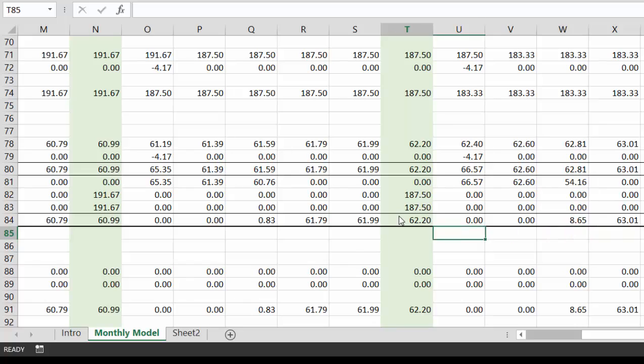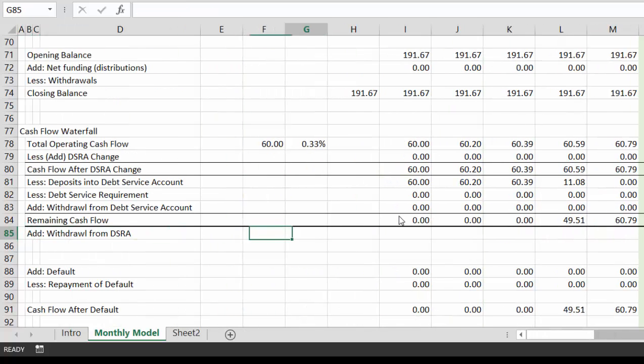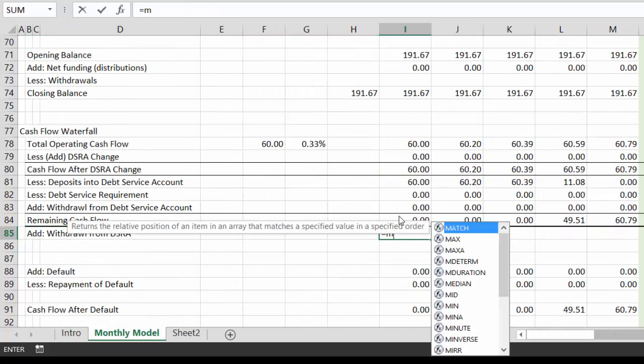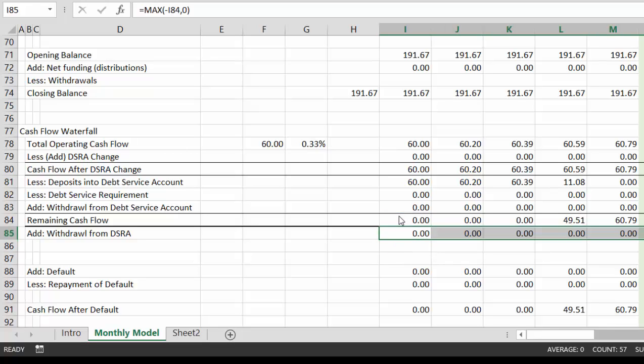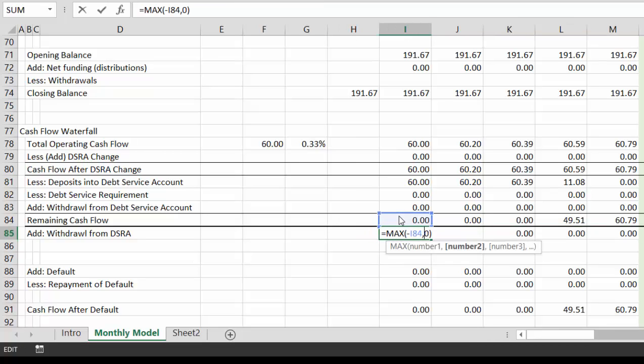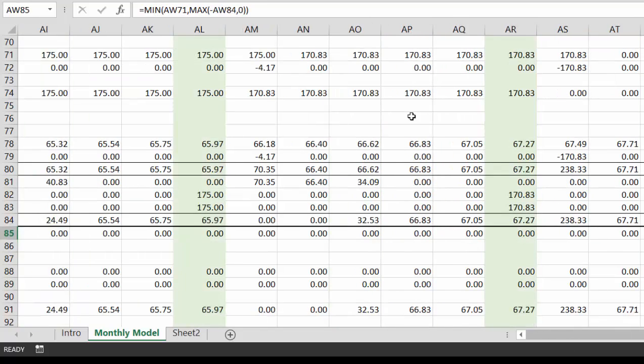That's only when we have negative cash flow. So what we do is put, as we normally do, a maximum, and we put a minus of this, or 0. So we only take it out when it's negative. That's rule number 1. Rule number 2 is you take the minimum of this, or the amount you have in the debt service reserve account, because once we take it all out and don't have anything left, we can't take anything out.